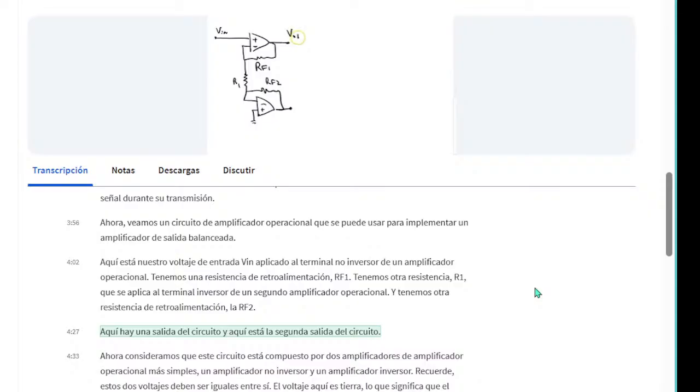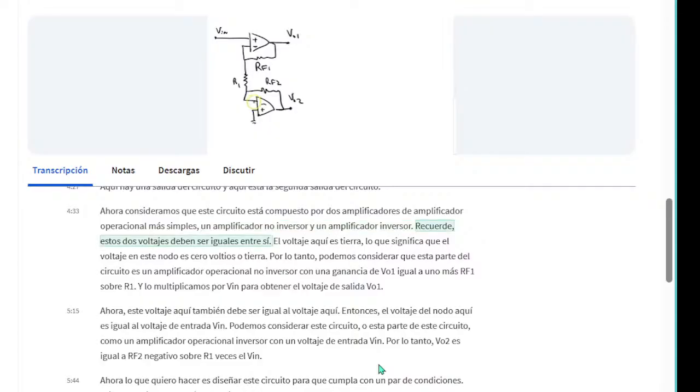Here is one output of the circuit, and here is the second output of the circuit. Now we can consider this circuit to be composed of two simpler op-amp amplifiers, a non-inverting amplifier and an inverting amplifier.